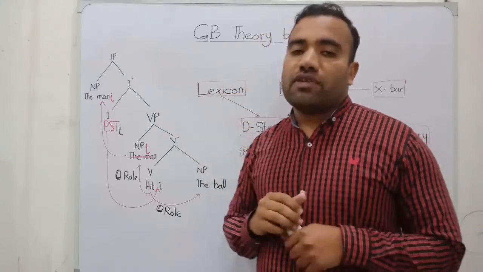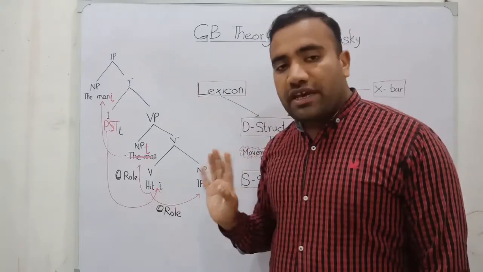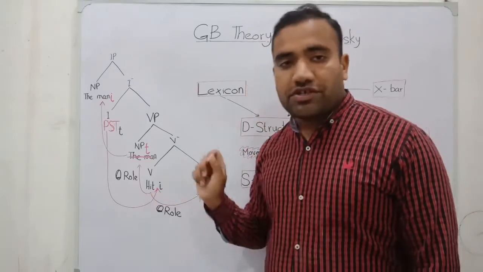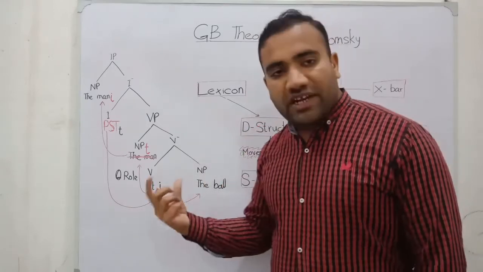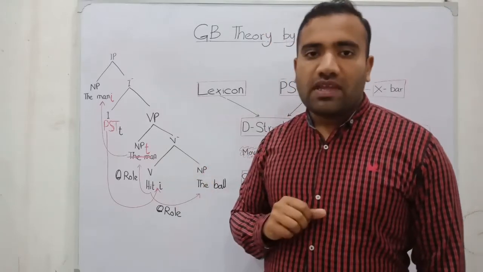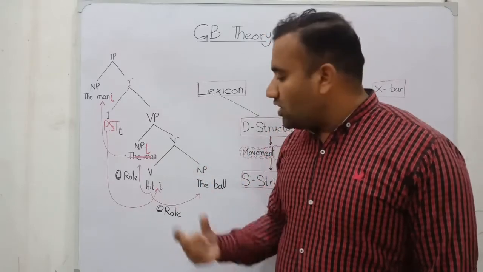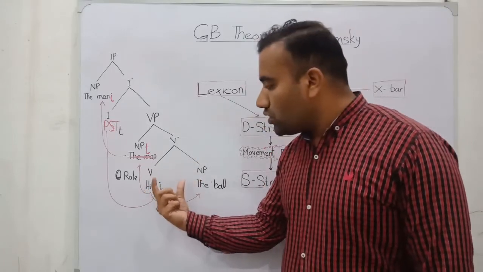And what is inflection? Basically, here we have the word hit. Hit is the verb, the second form of it is hit, the third form of it is hit. And if we take push, we can say pushed, pushed.